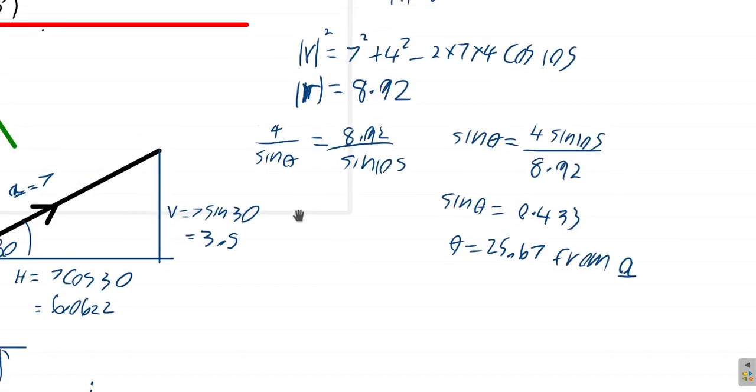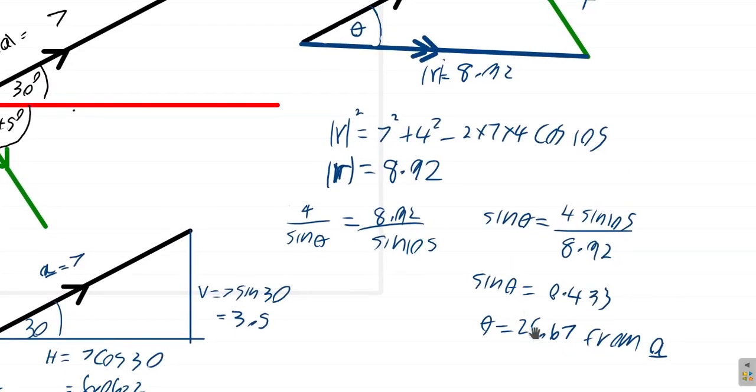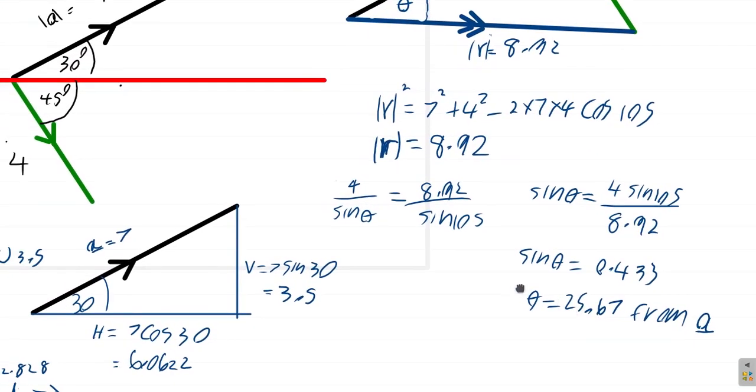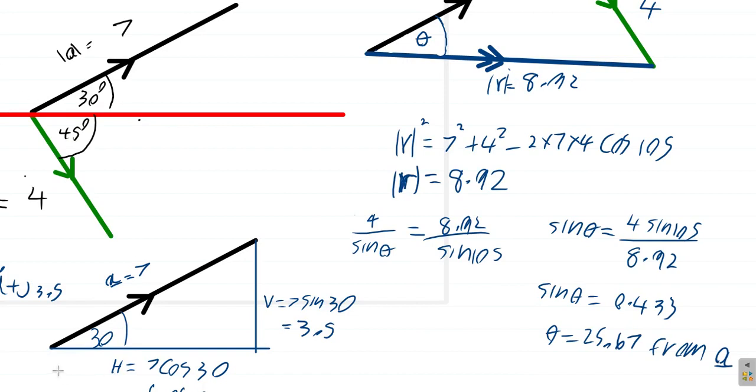Now, what's the angle from A? Earlier we got 25.67. So let us see if that really is so. If we have the angle of the resultant to be 4.32 degrees here, then this angle would have to be 30 minus 4.32 degrees.